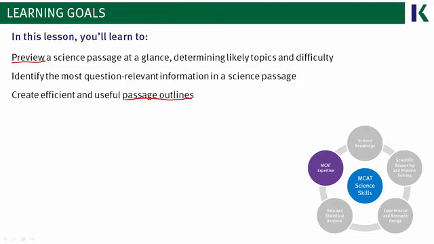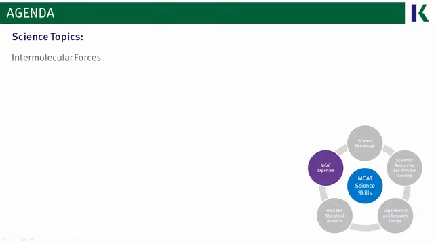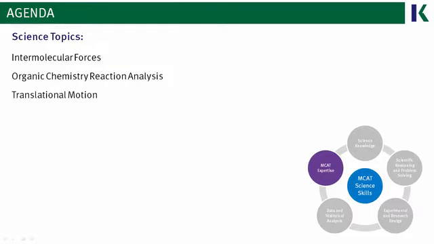The context through which we're going to see this lesson about passages will be in the following science topics: intermolecular forces, organic chemistry reactions, and translational motion. Now, we're not going to be learning all of these three topics of science, but the passages that we see will be about these sciences.